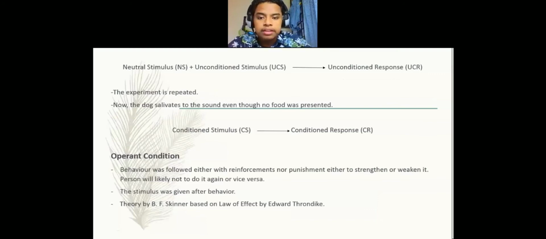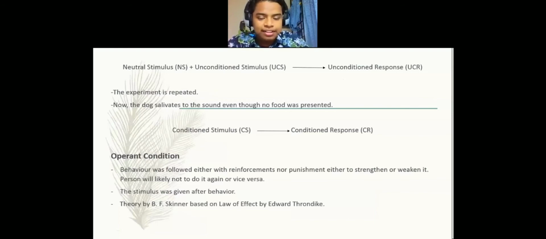Behavior will be followed either by punishment or no punishment, either to strengthen or weaken it. A person will likely not do it again, or vice versa. For example, let's say your assignment is good and you are complimented by your lecturer. Then you feel better about it, you will be excited, and you will be more enthusiastic to do your assignment.